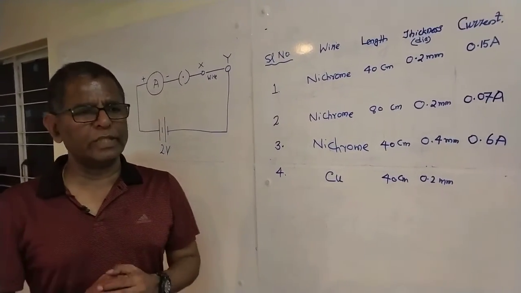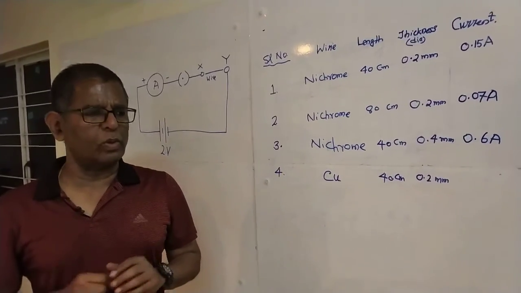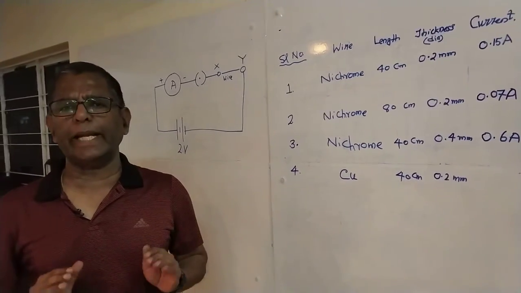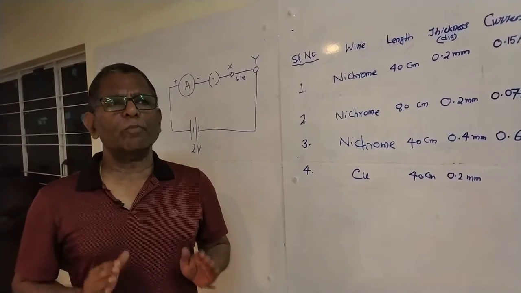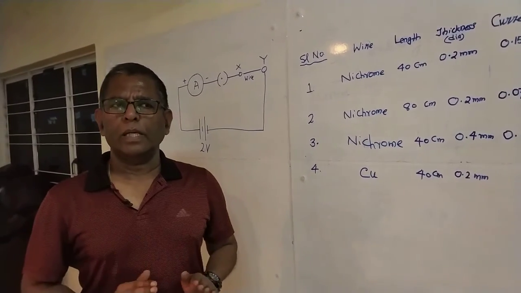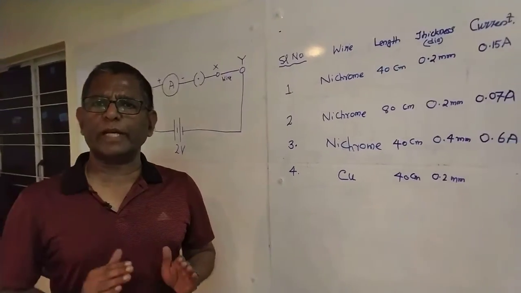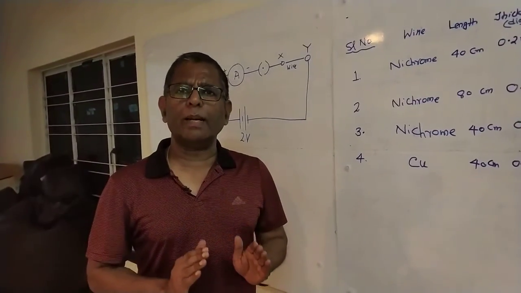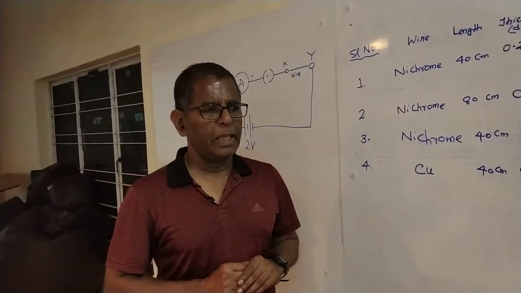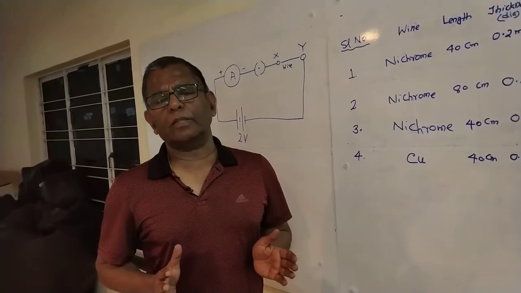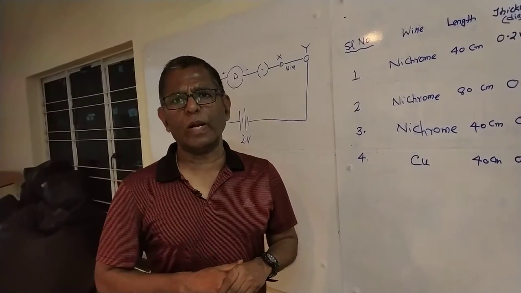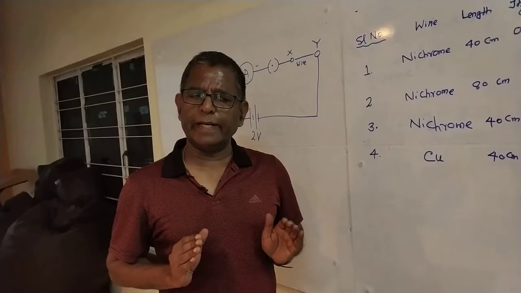But before I do this activity, I just want to warn you that when you are doing any electrical experiment, you have to be very, very careful. So follow the precautions which are given in your laboratory, because though the electricity is safe, if you don't handle it properly, it could be very, very dangerous.